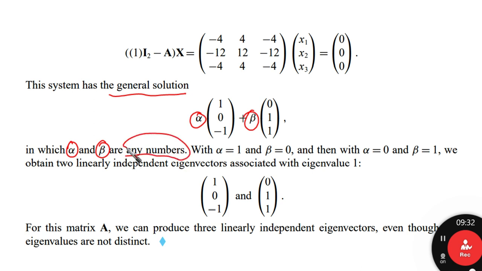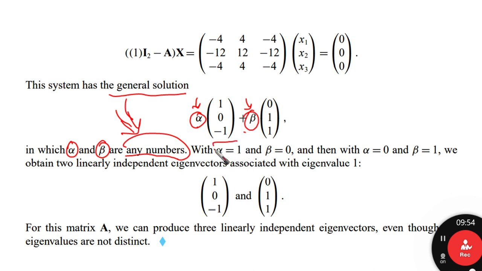Do you remember that we have solved many examples similar to these, with general solutions similar to this, with alpha and beta? Now this is arbitrary, so we can put any value. We let one of them vanish and the other be 1.